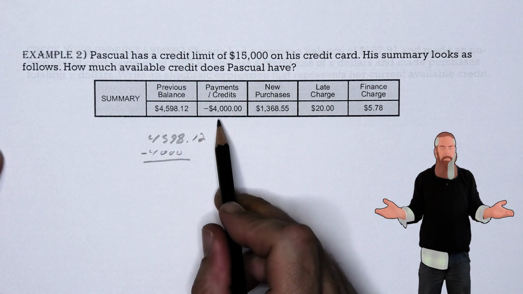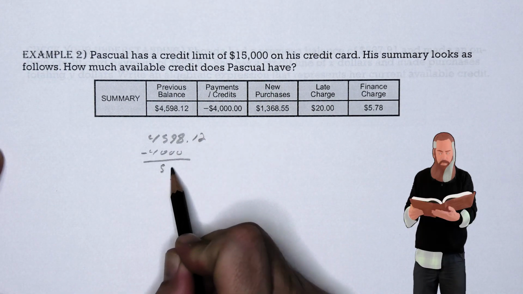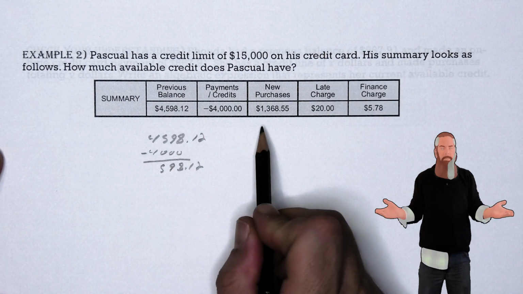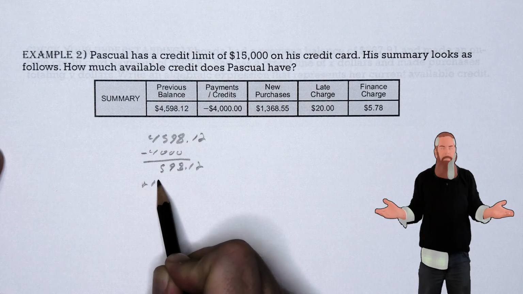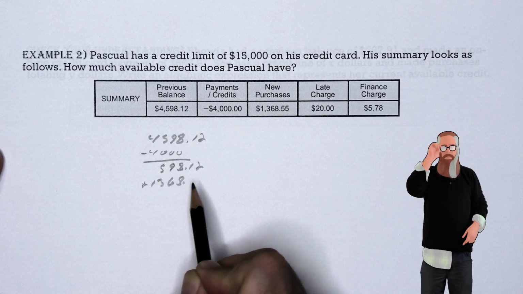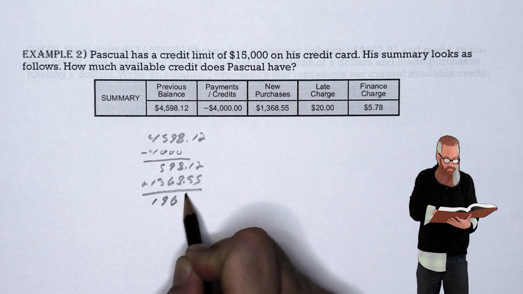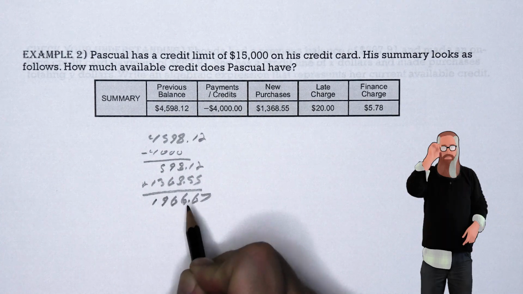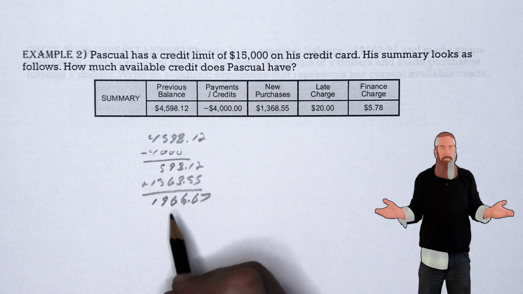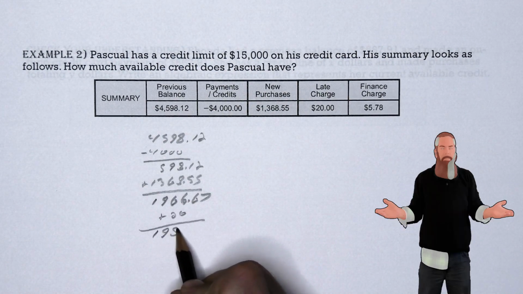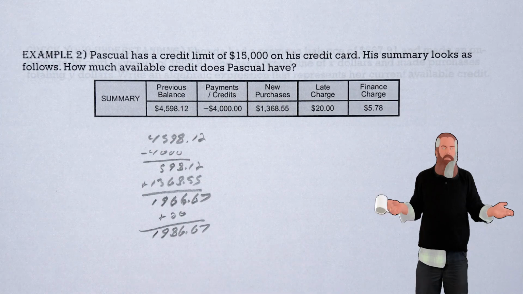$4,598.12. There was a $4,000 payment made, leaving $598.12. But then there were new purchases made of $1,368.55, giving us $1,966.67. But then there was a late charge of $20, giving us $1,986.67.